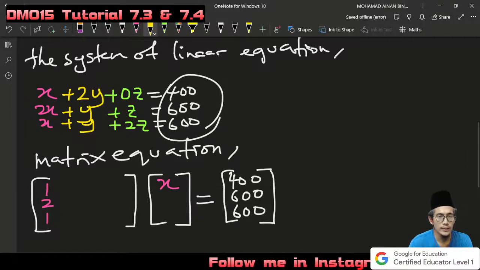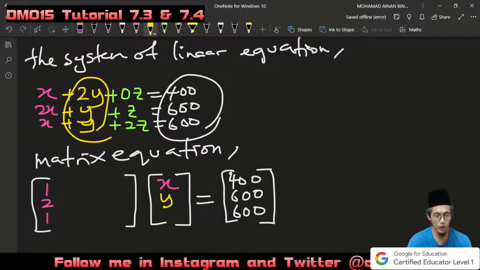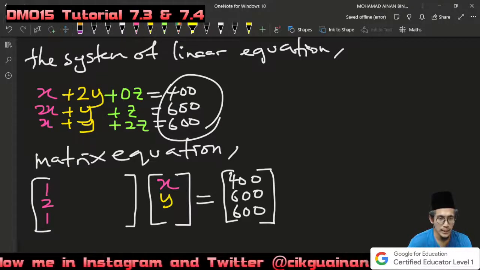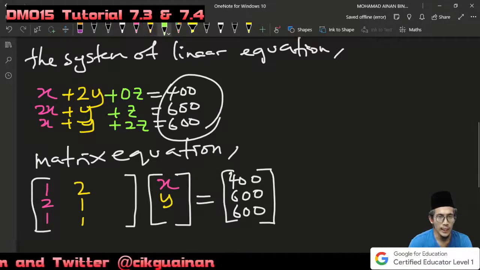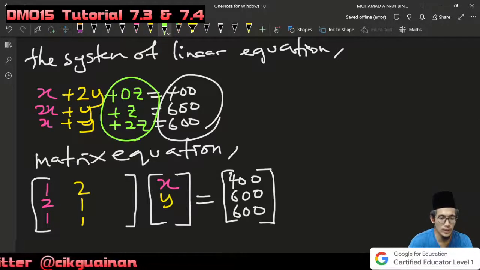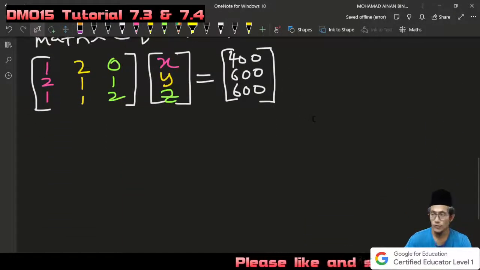Okay. The second one is the variable for Y, and the coefficients of Y are 2, 1, 1. And the third column, the variable is Z and the coefficients are 0, 1, 2. So this is the matrix equation that we have to solve.